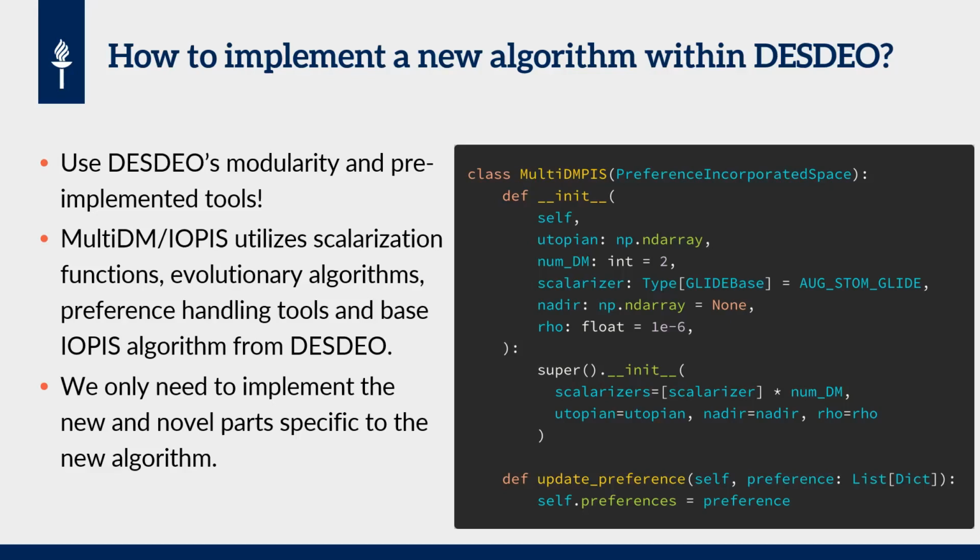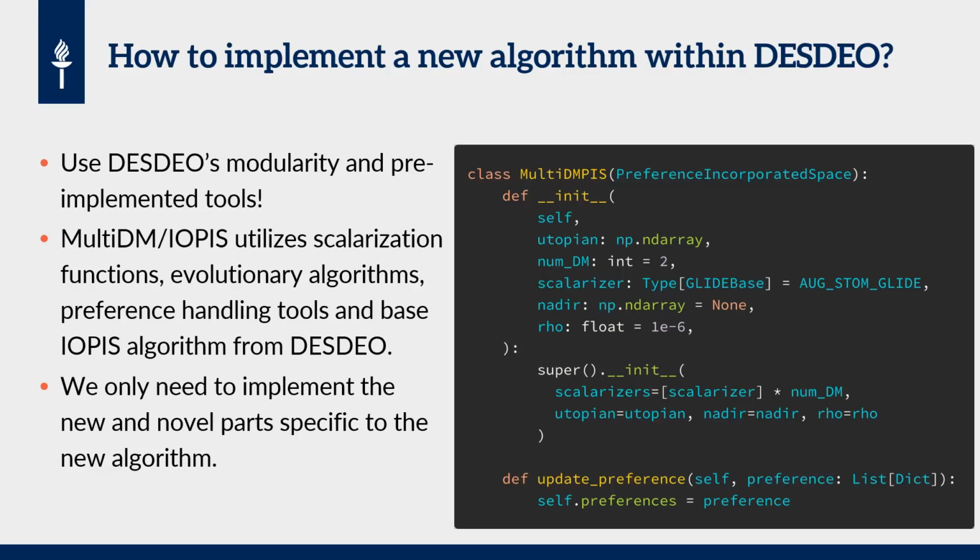So we only need to implement the new and novel parts. In this case, the new and novel part is just that we have as many scalarization functions as the number of decision makers. That's it. Everything else comes from all of the things that were already in DESDEO. Again, more details about this algorithm, I will talk about later in the afternoon.